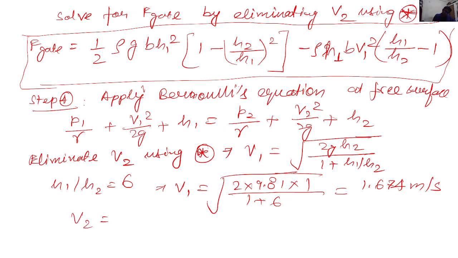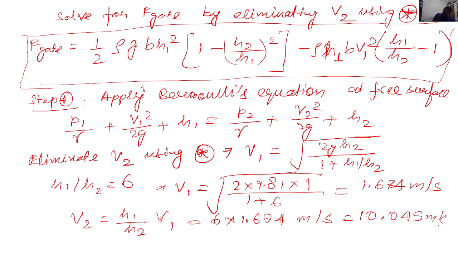V1 we know, now V2 can be found from the expression star, H1 by H2 times V1, which is nothing but 6 times 1.674 meter per second, equal to 10.045 meter per second.